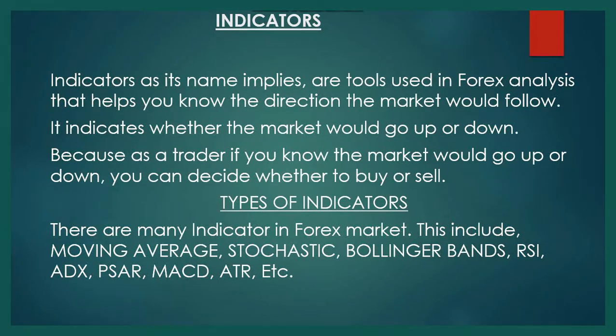Let us look at indicators. Indicators, as the name implies, are tools used in forex analysis that help you know the direction the market would follow. It indicates whether the market would go up or down, because as a trader, if you know the market would go up or down, you can decide whether to buy or sell.